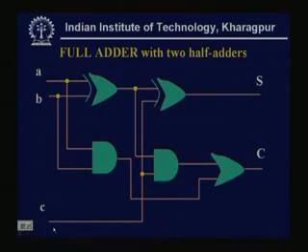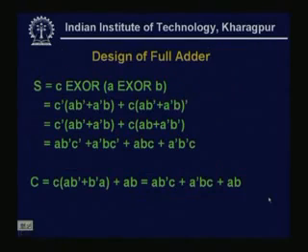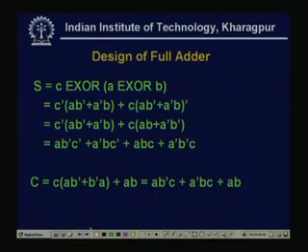So just remember the previous one, that this is C, and this is A XOR B with AB. So here one AND gate is needed and one 2 input XOR gate is needed, and for this AB one, again a 2 input AND gate.